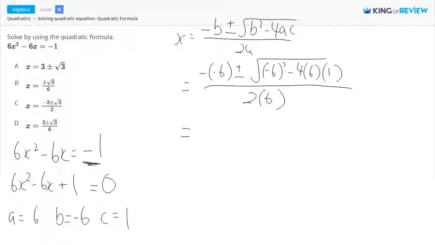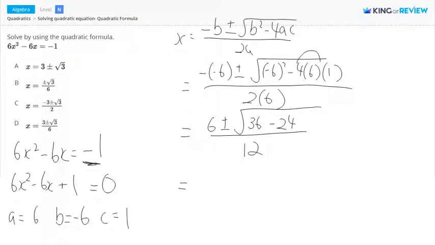Now -(-6) is 6, plus or minus the square root of 36, minus 4 times 6, that's 24, times 1 is still 24, over 2 times 6, which is 12.